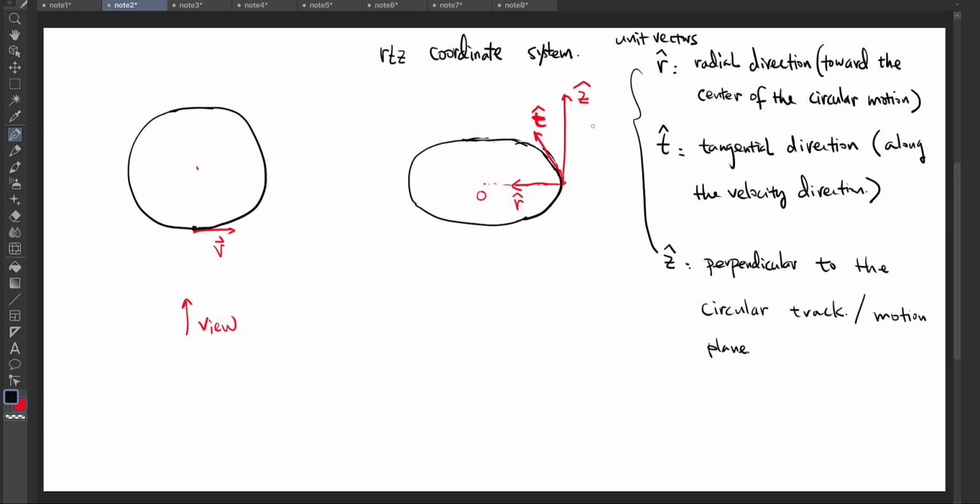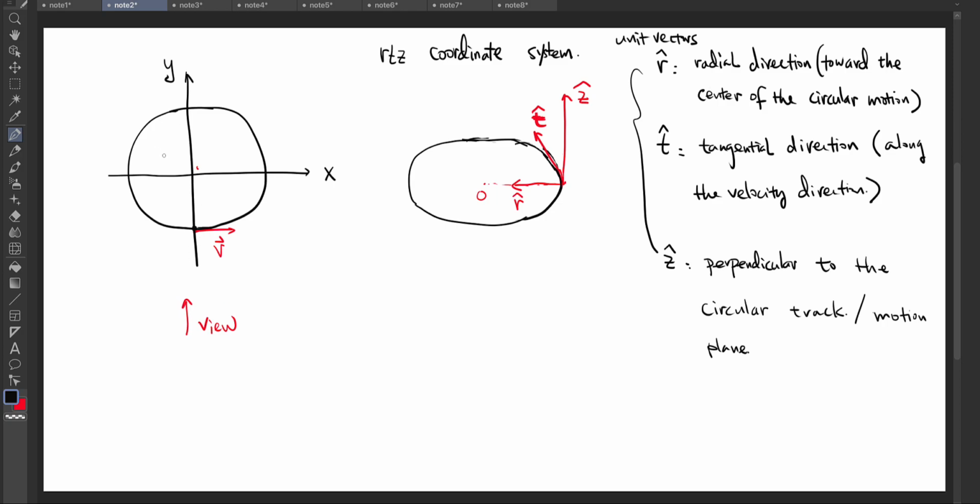Now, you may say, why do we need this coordinate system? Isn't x and y already enough? So let's say I build inside this two-dimensional circular motion plane an x and y coordinate. The answer is yes, you can do that.